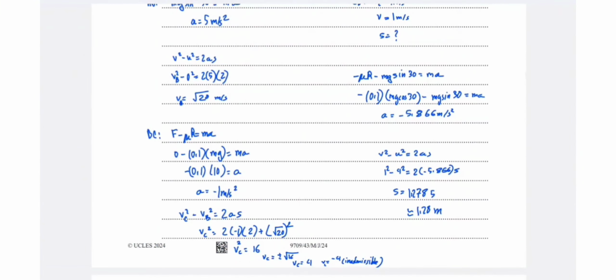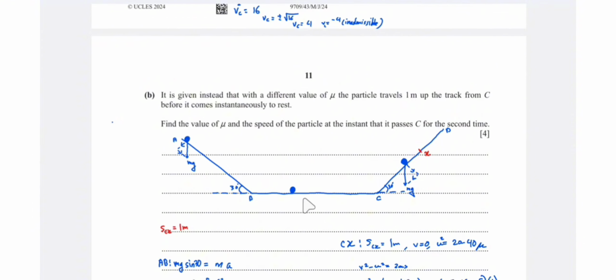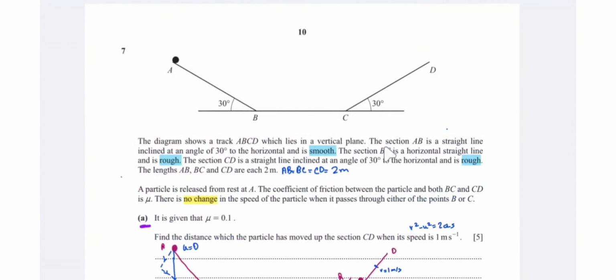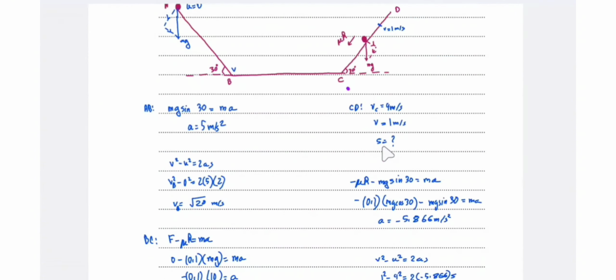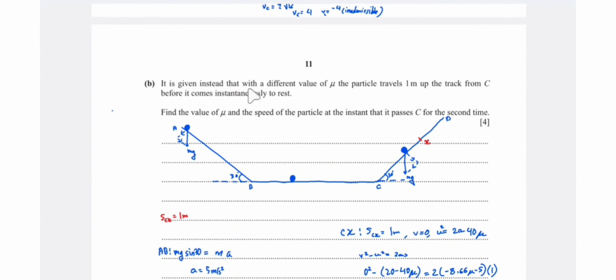Now for part B. We have drawn the exact same diagram that is given in the question. It is given that with a different value of mu, the particle travels 1 meter up the track from C before it comes instantaneously to rest.